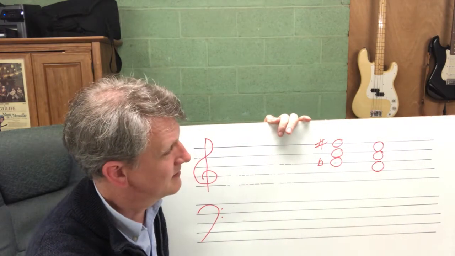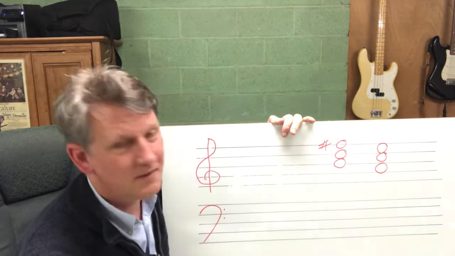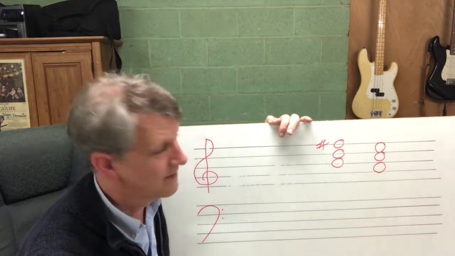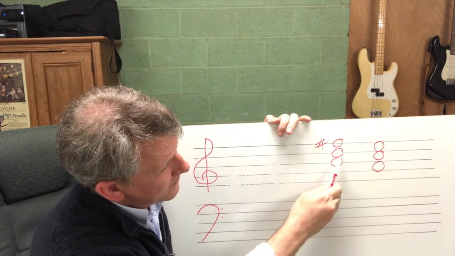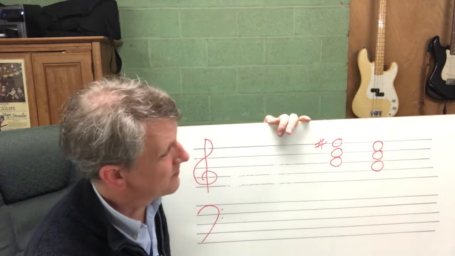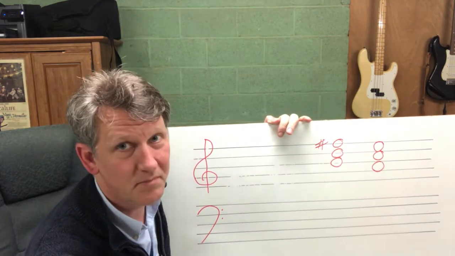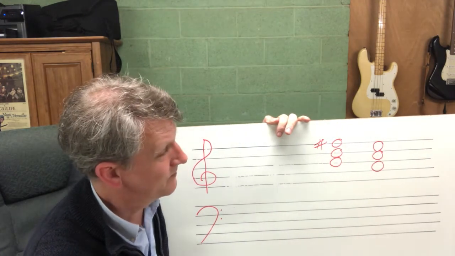All right, good, and then, another thing is, what quality is that? We have a minor third and then a major third. So that is going to be a B minor triad, B minor.